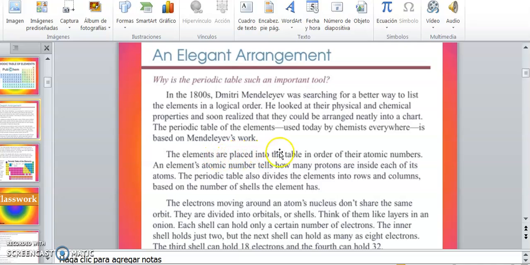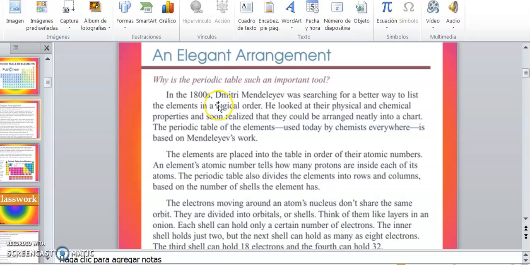The elements are placed into the table by their atomic number. We know it's going to tell me the atomic number. An element's atomic number tells how many protons are inside each atom. The periodic table also divides the elements into rows and columns based on the number of shells that element has.